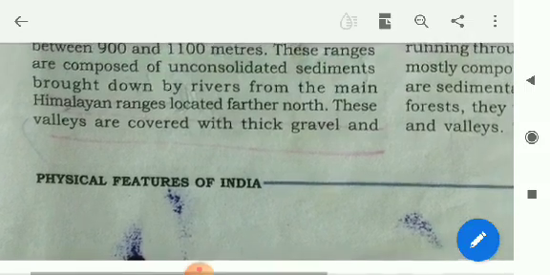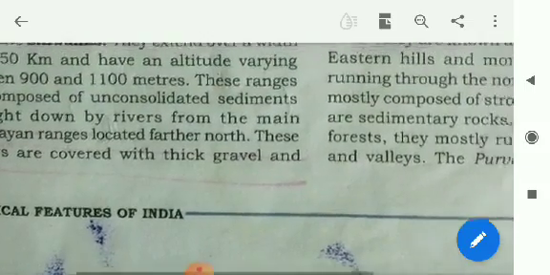These valleys are covered with thick gravel and alluvium.